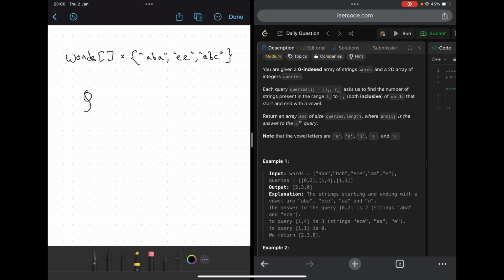So basically, queries would be from Li to Ri, and we'll be given a number of queries.